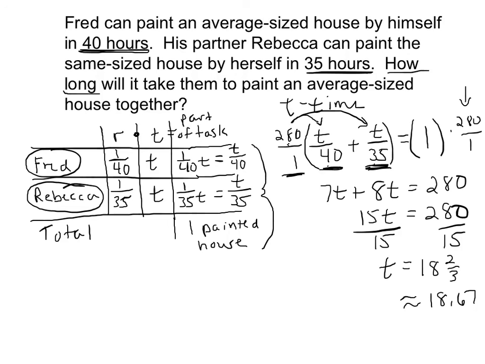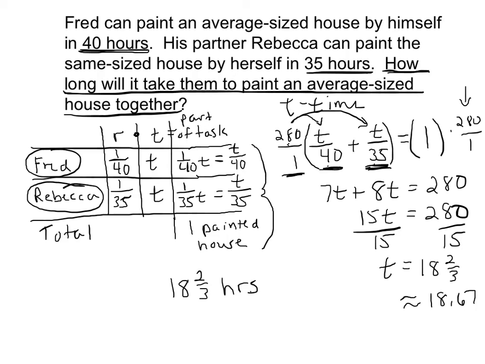Now either one of those answers is fine with me, but remember in the end to answer the question being asked of how long will it take them to paint an average-sized house together, you want to make sure you label. So I'm going to use the exact value here because you know I like exact numbers. So it's 18 and 2/3 hours. And so there is my final answer for that particular problem.